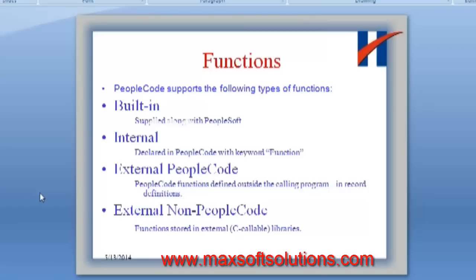External PeopleCode functions are PeopleCode functions defined outside the calling program, in the record definitions. External non-PeopleCode functions are functions stored in external libraries. The first two, built-in and internal, we will use in a very regular manner. External and external non-PeopleCode, we will use very occasionally. We will see in our practice.